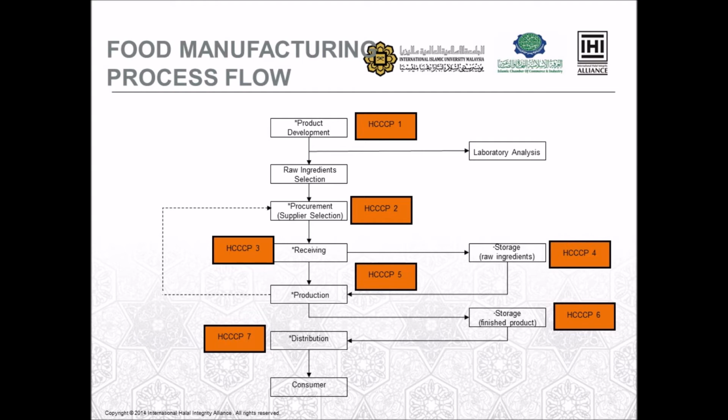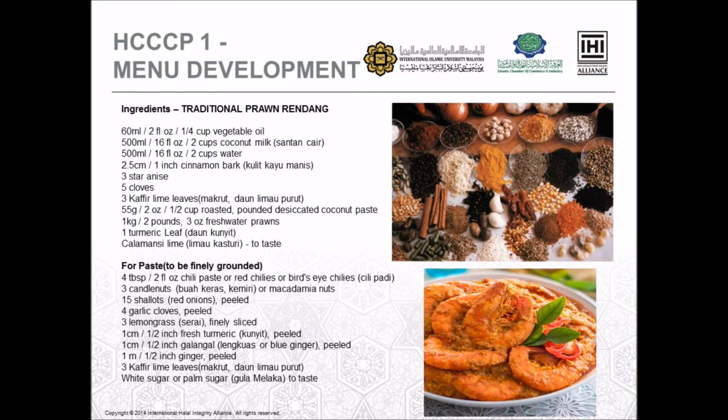The food manufacturing factory and so on, they have to go through all the same things until HCP number 7, distribution. You can see the ingredients, the recipes, and so on that have been used. For products which are ready-to-eat meals, they have the ingredients displayed on the packaging, or you can read that.